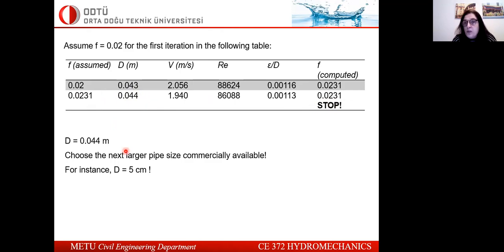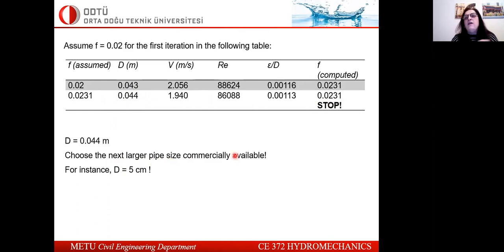Well, most probably we are not going to have a 4.4 centimeter pipe that is commercially available. So if you were given a list of diameters for commercially available pipes, all you need to do is to choose the next larger pipe size which is commercially available.